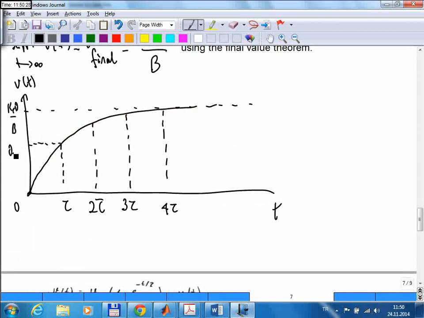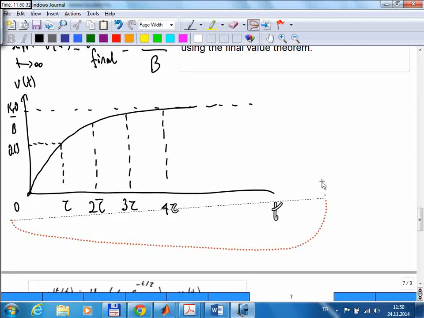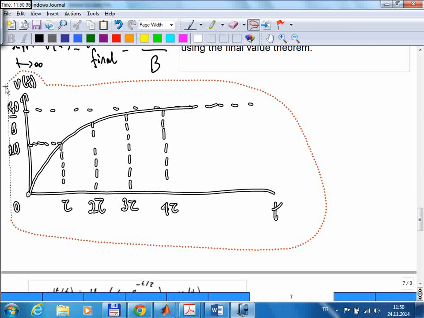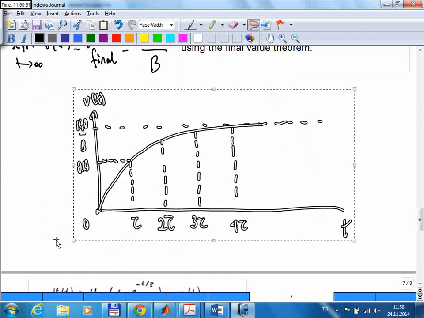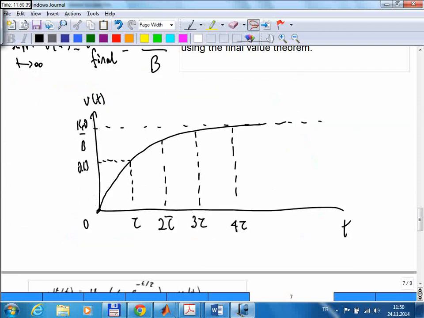So this is 0.63. I call this VSS. This is then 0.63 VSS. And I think this was 86, and this was 95.